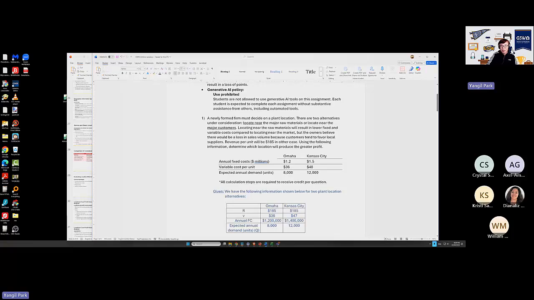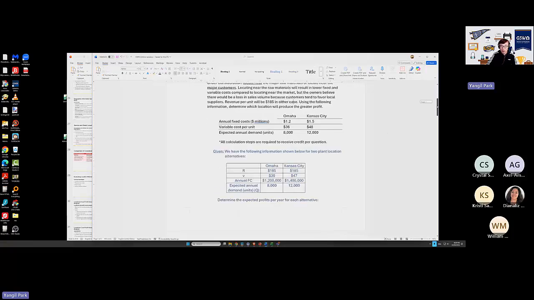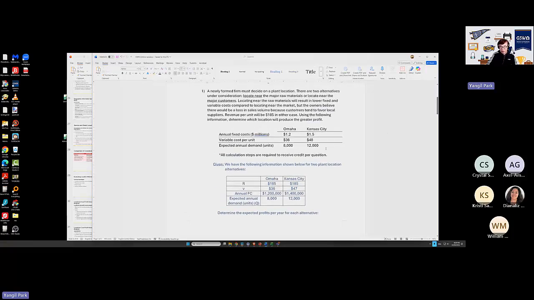We have those numbers available. Then we try to make a decision based on those costs and the quantity. We should be able to calculate the profit because we know the cost and we know the volume. Then we can make a decision on which plant, which location, is better.